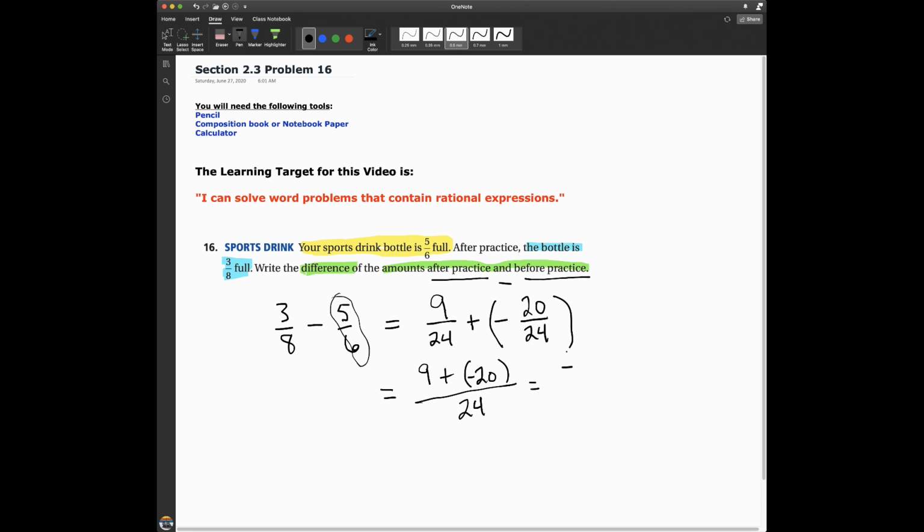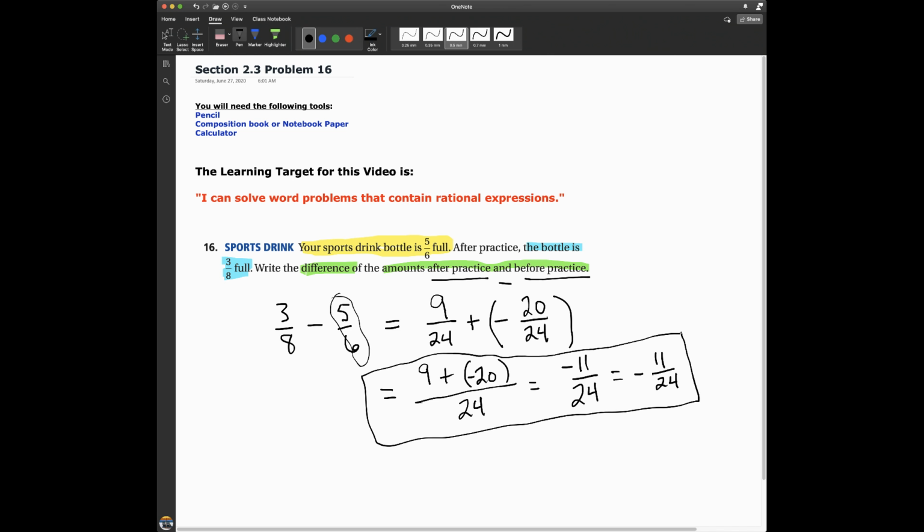And then 20 minus 9 is 11 over 24. Is this in simplest form? It is. I just like putting that negative sign out in front. And I am done. I'm putting a box around this whole thing. Why? Because I can.